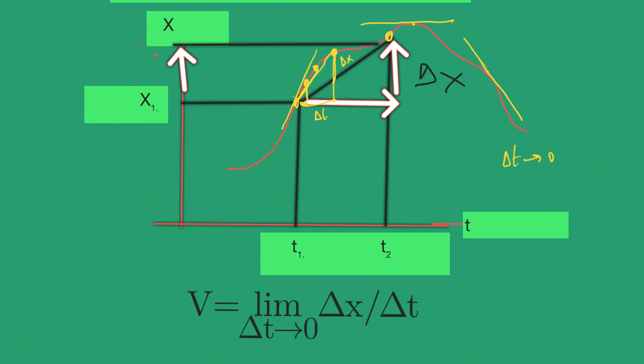It's the limit when delta t tends to 0 of delta x divided by delta t. And this is for calculus, and we don't use calculus, but the idea, you need it to solve the problem. So the idea is to make delta x divided by delta t when delta t is very small. Delta t tends to 0. And you will find a triangle whose slope is this one.